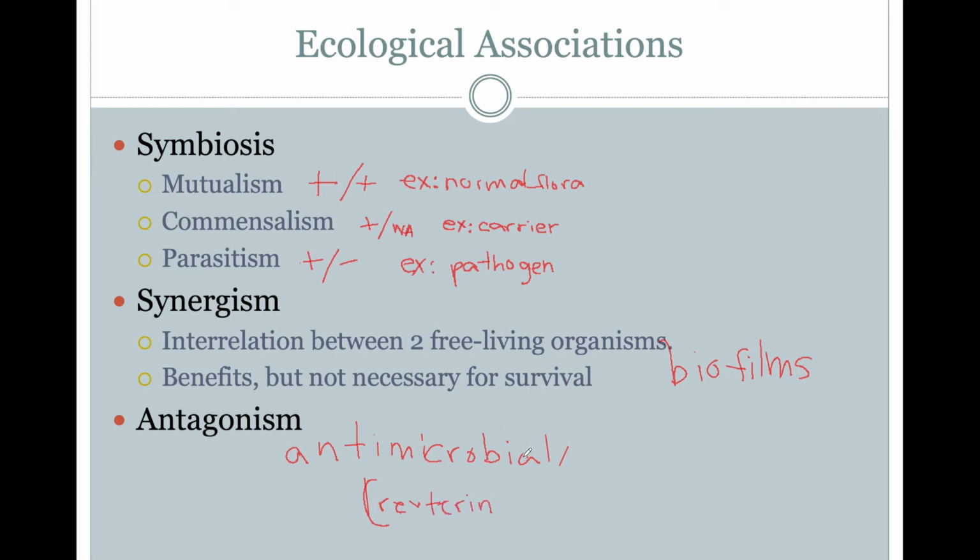That's secreted by Lactobacillus reuteri, that's antimicrobial, or any antibiotic like penicillin. Those are great examples of microbial antagonism. Penicillin, where these are antimicrobials directly secreted from one microorganism to inhibit the growth of other microorganisms in that environment.